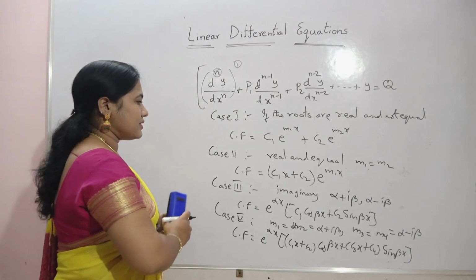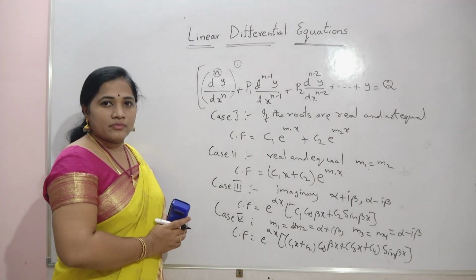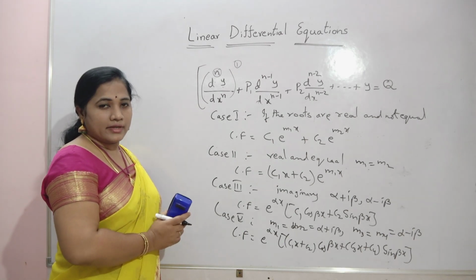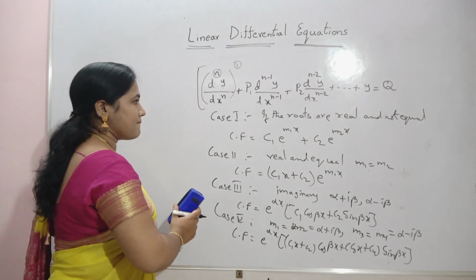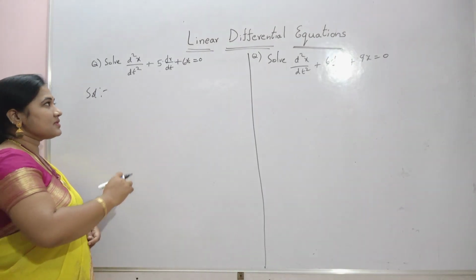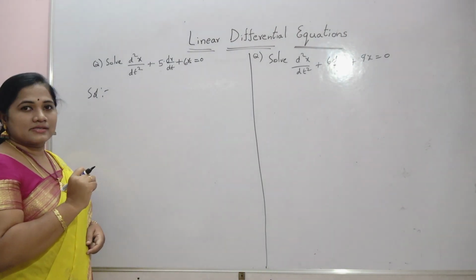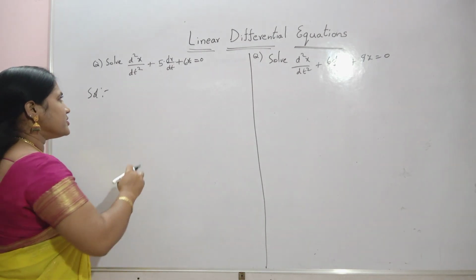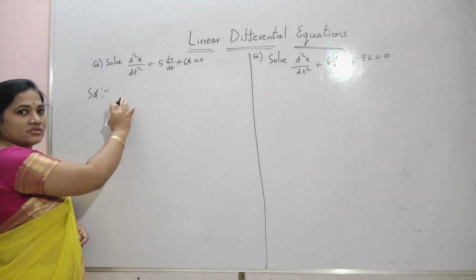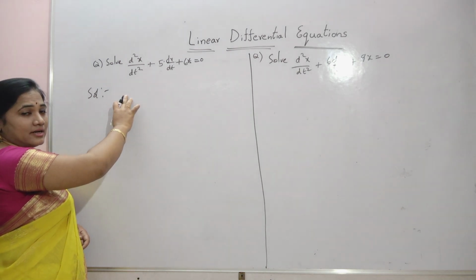So with this knowledge, I will solve some problems related to linear differential equations. Solve d square x by dt square plus 5 dx by dt plus 6x equals 0. To solve this equation, first write the given equation in its symbolic form.